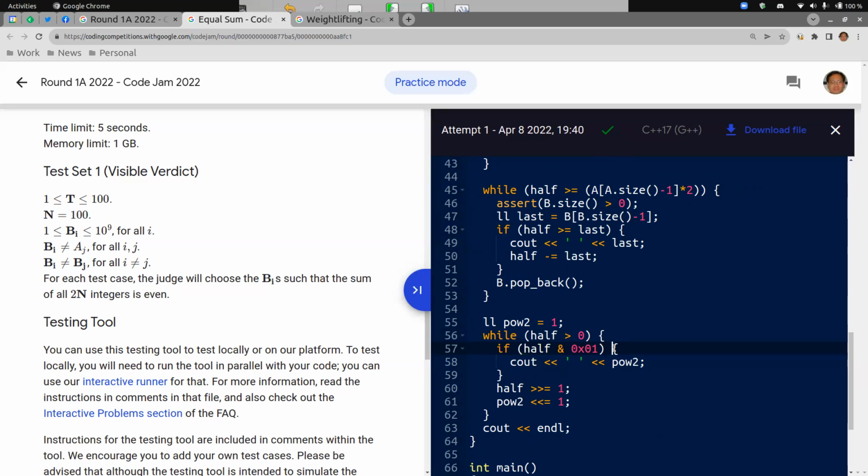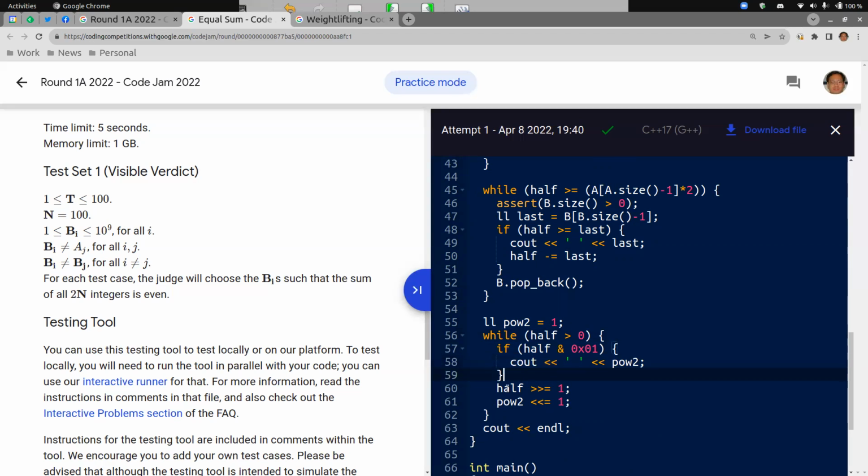It checks if the lowest bit is 1, because an odd number will have the least significant bit 1 and the least significant bit 0 if it's even. So this checks if the least significant bit is 1, and if so, I print the corresponding power of 2.